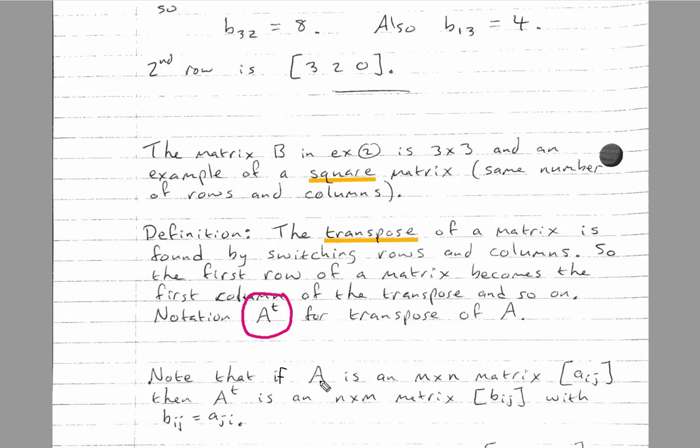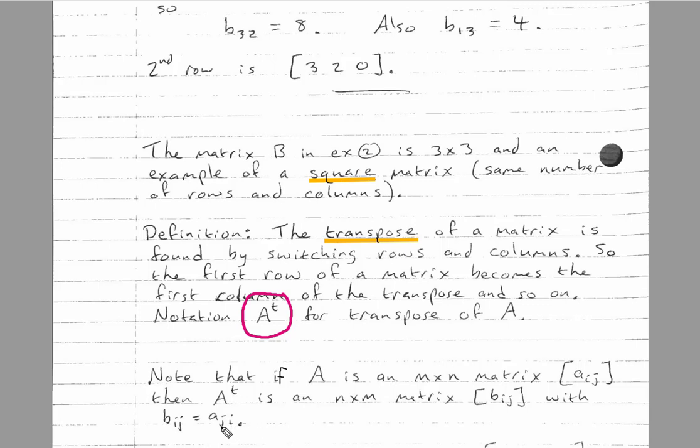And so if A is an m by n matrix, with entries A sub ij, well, then what does the transpose look like? Well, you're switching rows and columns, so that's going to be an n by m matrix b sub ij, where b sub ij is equal to a sub ji.